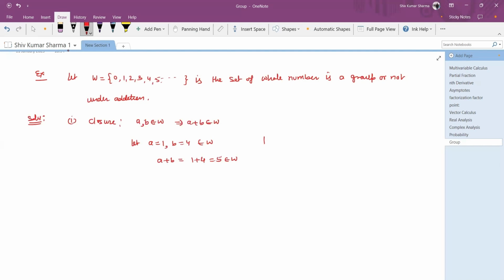You can take any value. Suppose we are taking a equal to 0 and b equal to 4. This also satisfies it. That means a plus b gives us 0 plus 4 is equal to 4, and 4 also belongs to W. Okay, so closure is satisfied.